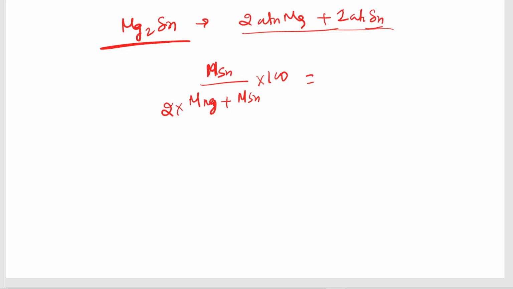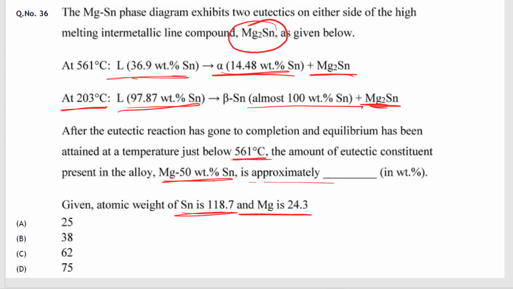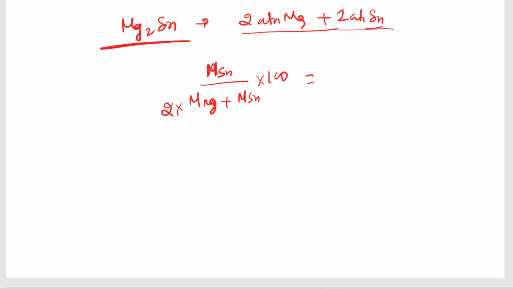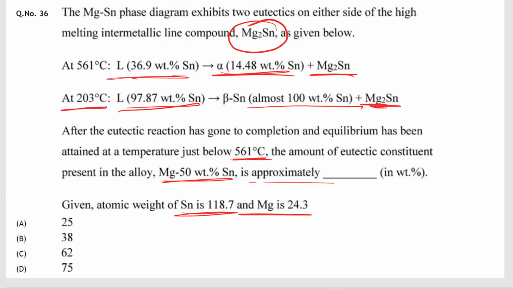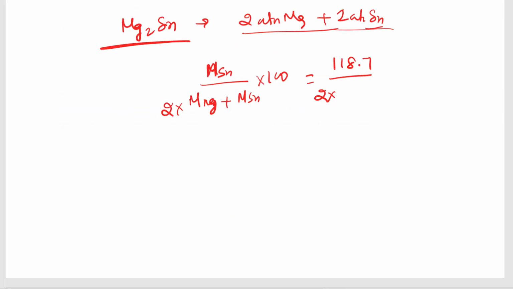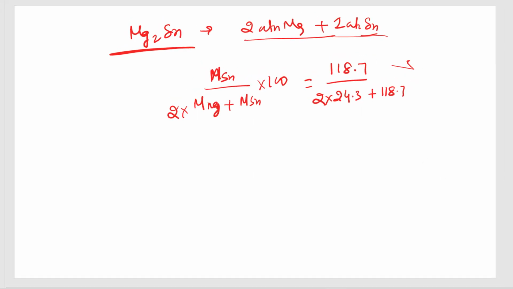So Sn is 118.7, Mg atomic weight is given as 24.3, so 2 into 24.3 plus 118.7, all into 100.